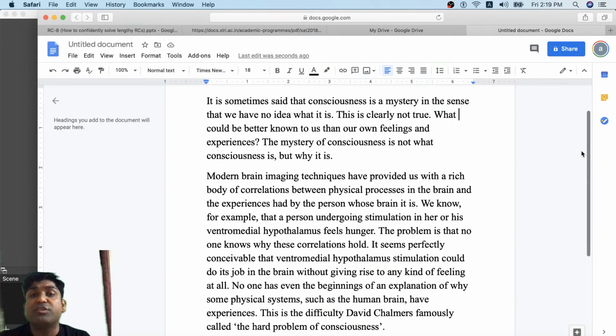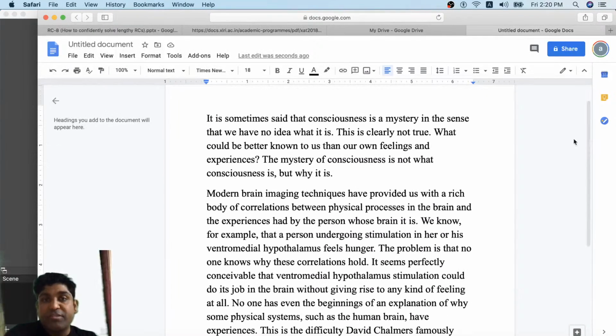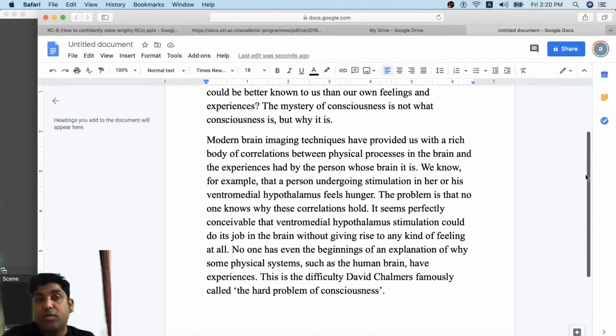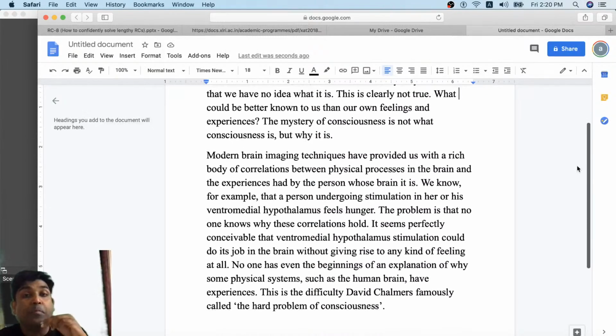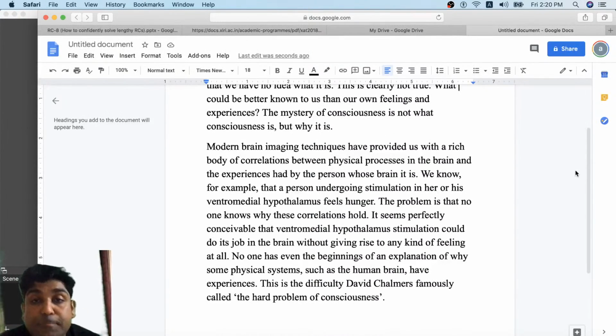The mystery of consciousness is not what consciousness is, but why it is. We know the experience, but we don't know why it exists.